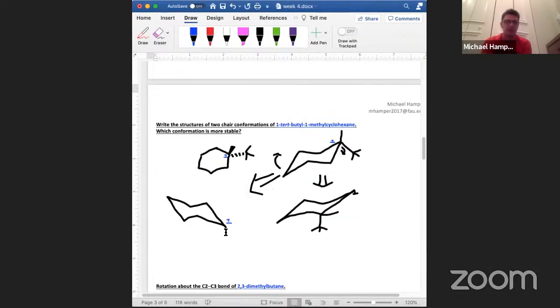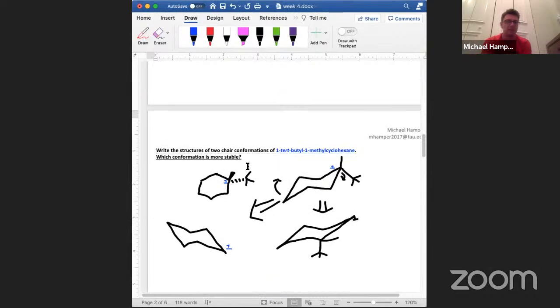All right, and now, does anybody know my trick to figure out where an axial position is? Mentioned it a few times. It's an elbow. So let's just look at that one. I like to call that an elbow. So elbow up or elbow down. Is that elbow pointing up or down? Up.